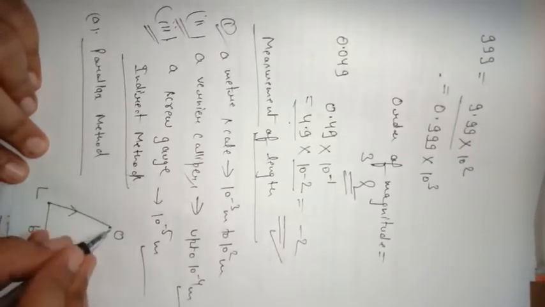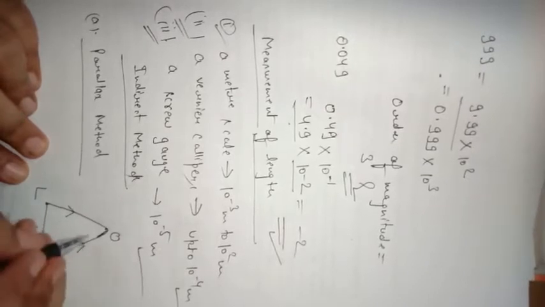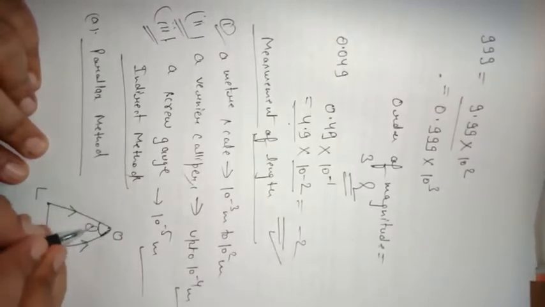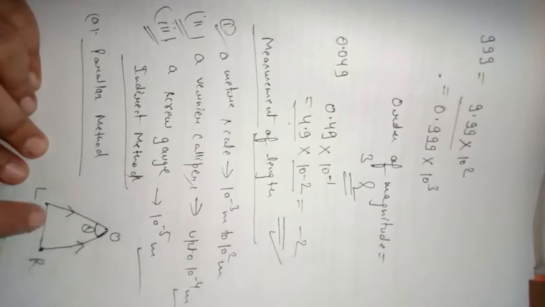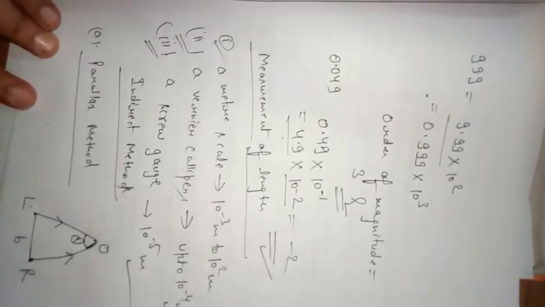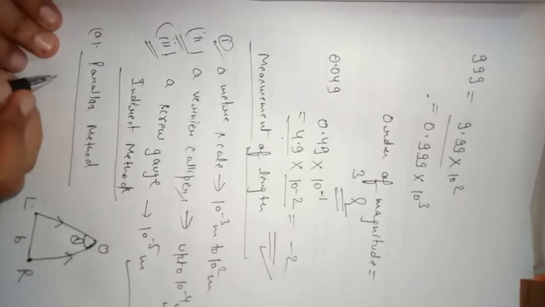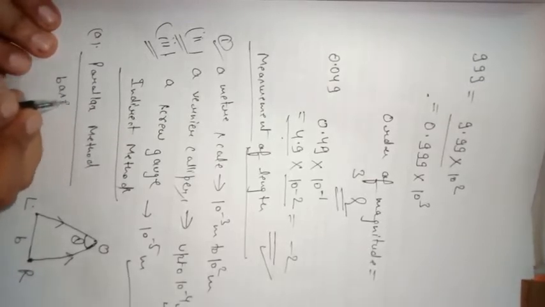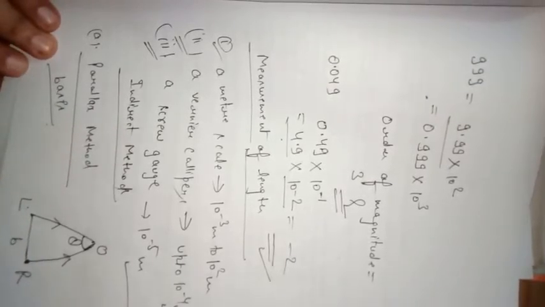One ray will go, and this is how you will watch it. So one angle will be formed between these two rays, and this angle theta is known as the parallax angle, and the distance between the left eye and the right eye is known as the basis. If there is any confusion in the spelling, I have written this basis.